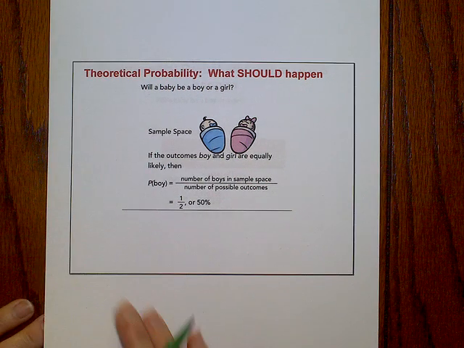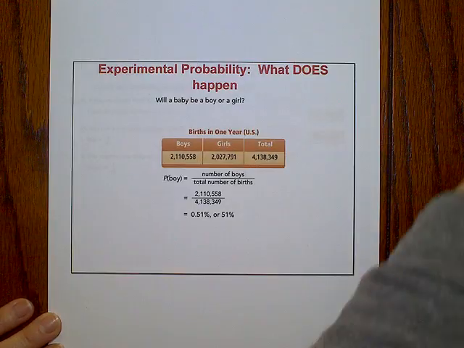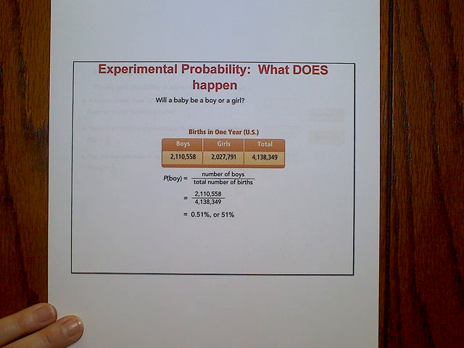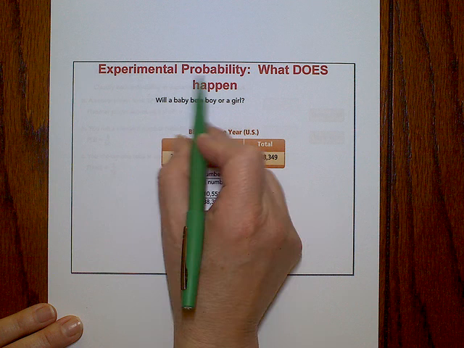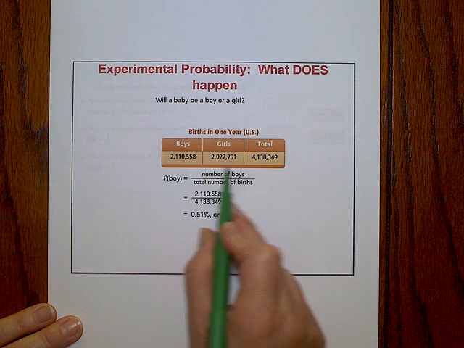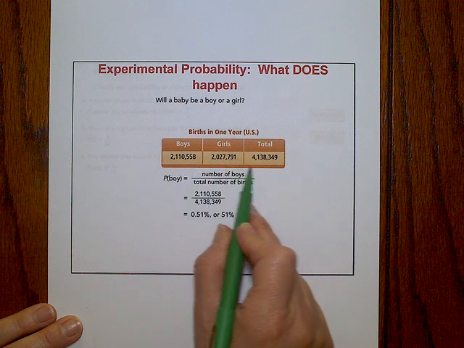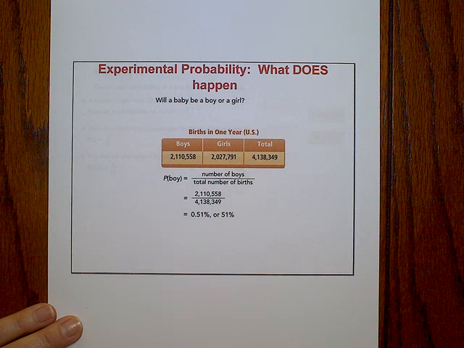When we think of experimental probability, experimental is what does happen. What is the actual occurrence? When we have experimental probability, more than likely we have some type of table of data that helps us answer our question. So, will the baby be a boy or a girl?